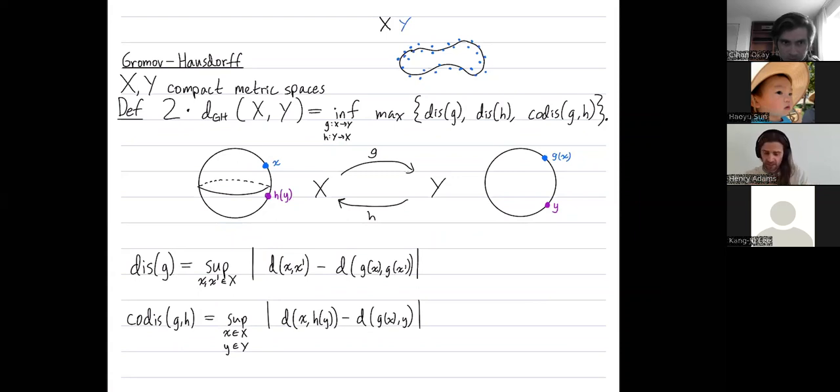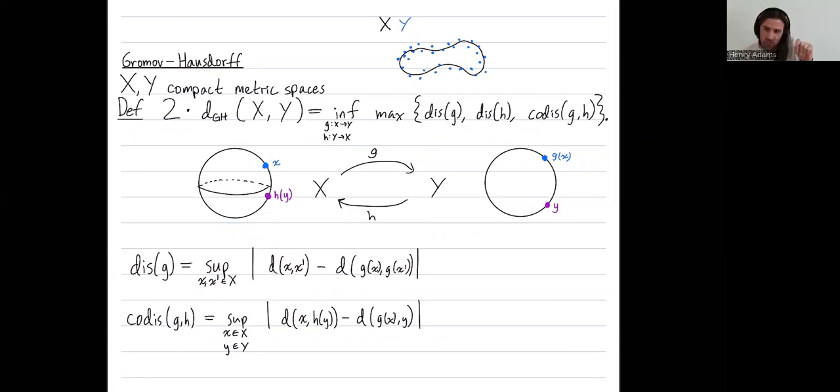So here the common metric space might be the plane. The Hausdorff distance is the smallest epsilon such that when I thicken X by epsilon, I contain Y, and when I thicken Y by epsilon, I contain X.